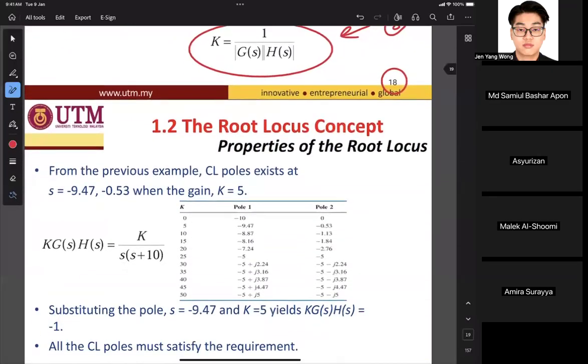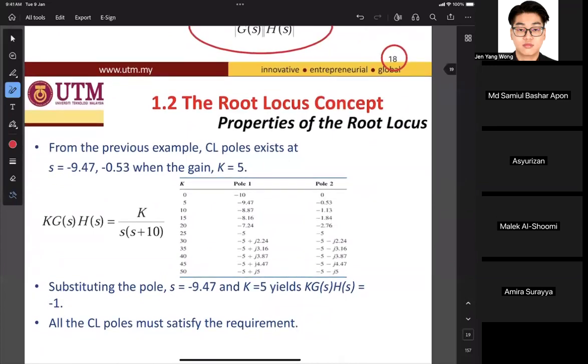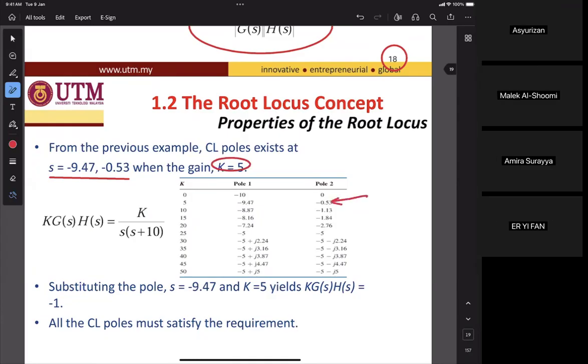Looking at the table from the previous example, closed loop poles exist at s equal to -9.47 and -0.53 when the gain K equals 5, which is the second line.